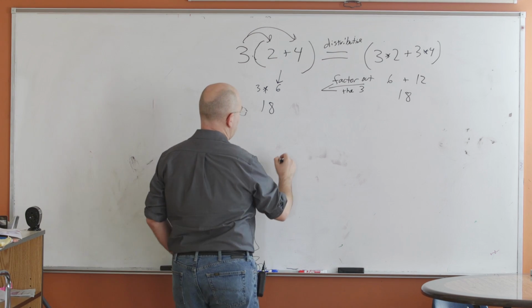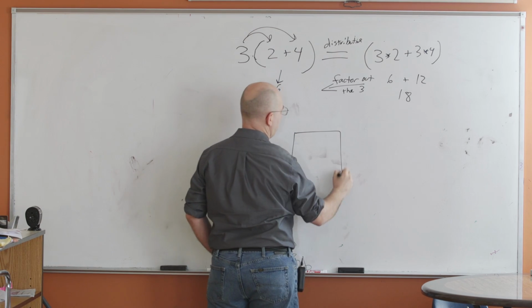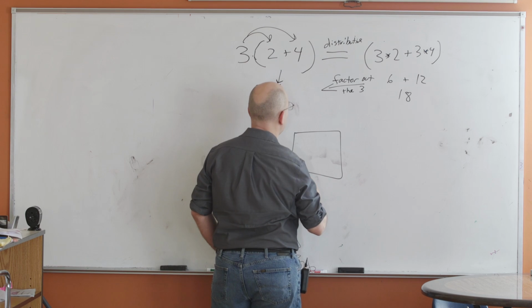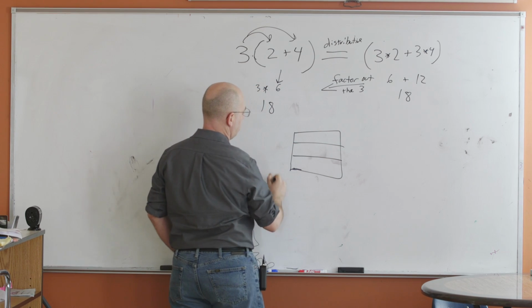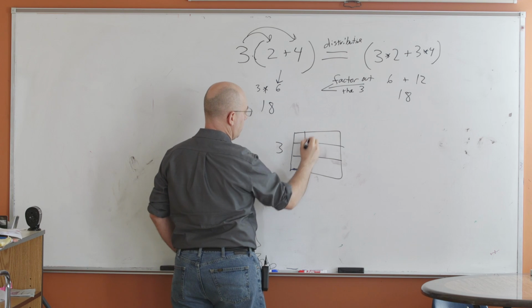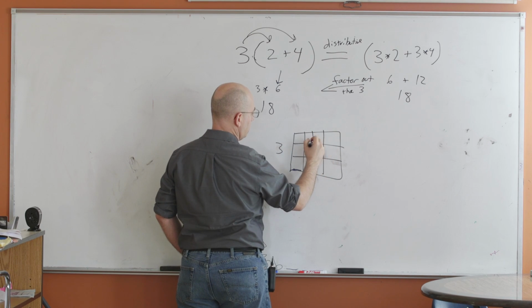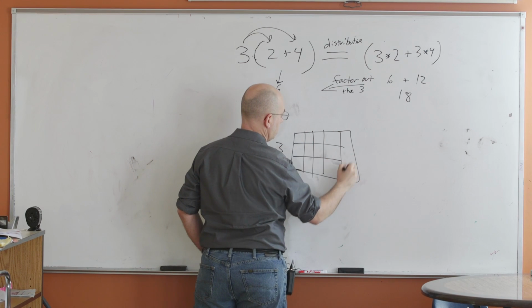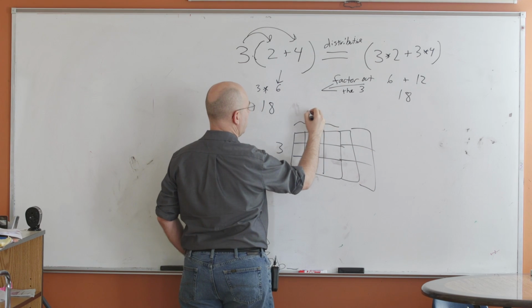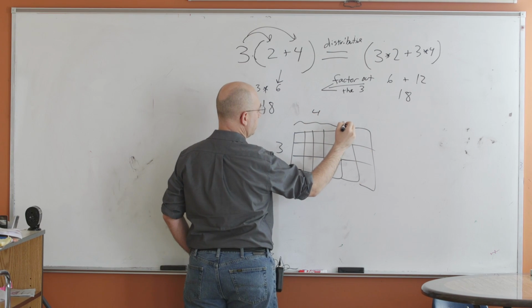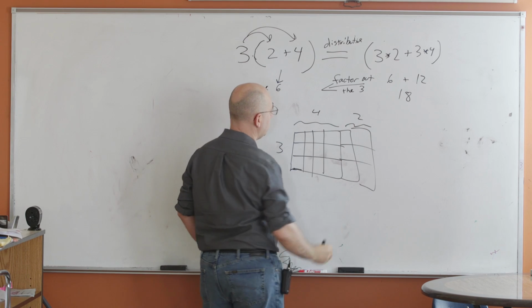In a more picturesque way, if you think of rows and columns, 2, 3, 4, 5, 6. Here we have 4 columns, and over here is 2.